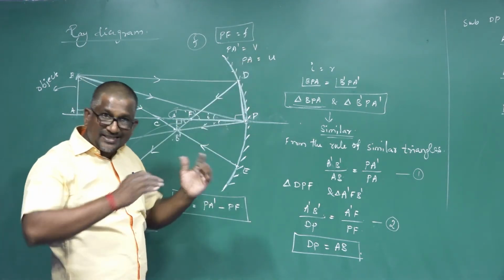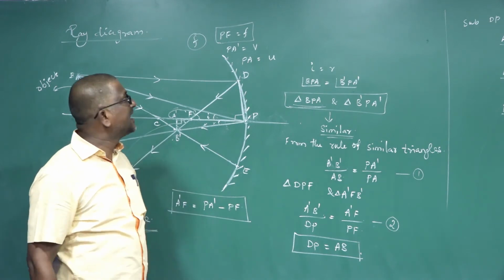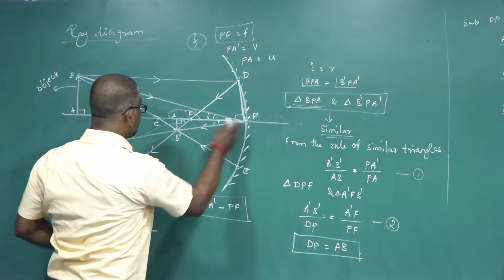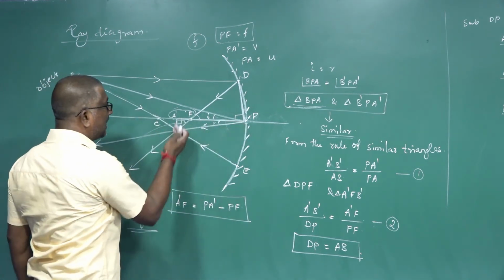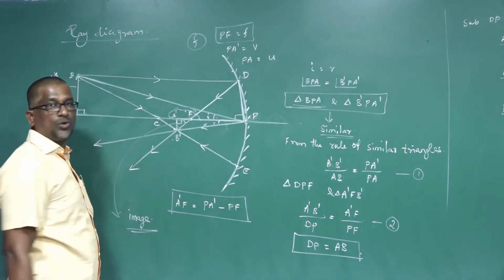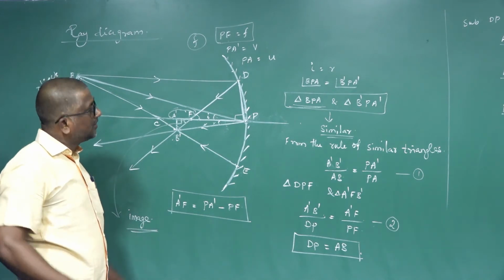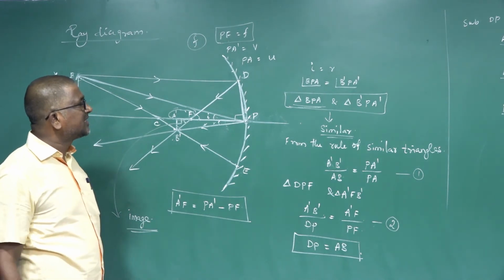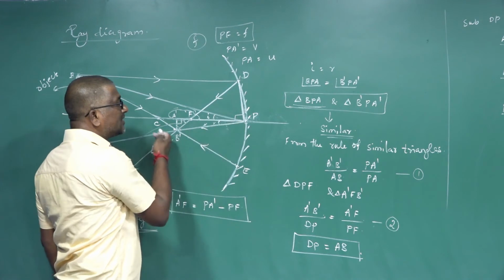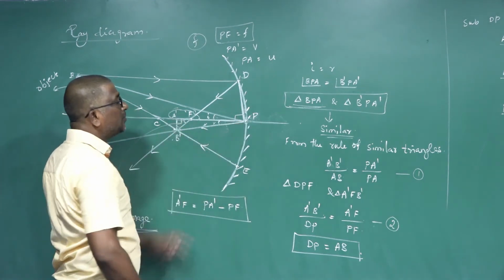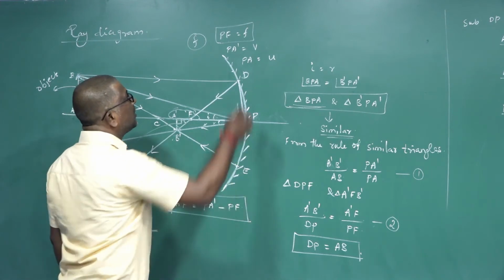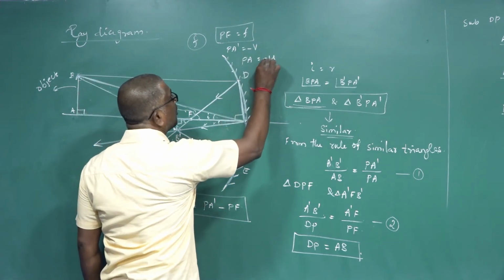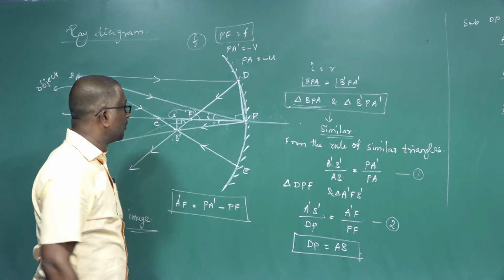Right. By applying Cartesian sign convention, here the object and the image both lie to the left side of the pole. From the Cartesian sign convention, all the distances measured to the left of the pole or origin should be taken as negative. So image distance and object distance values are negative.